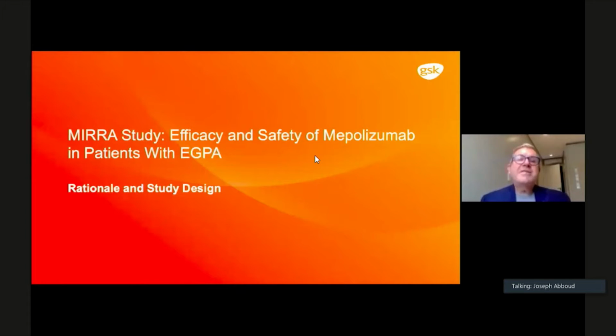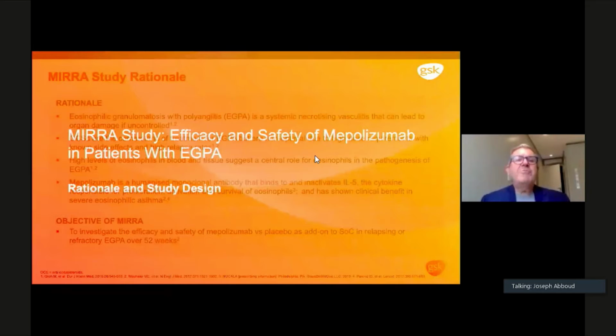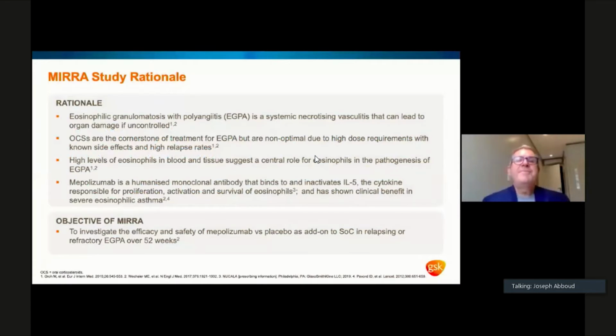So I will start with the study design, which is the MIRRA study, a study done around the world in patients with EGPA that had uncontrolled tissue involvement.